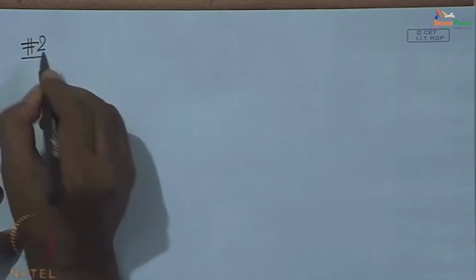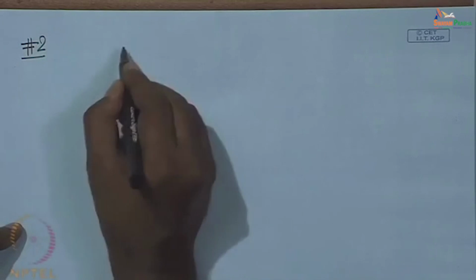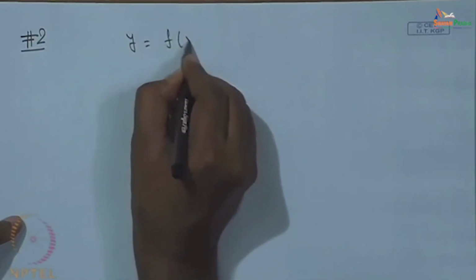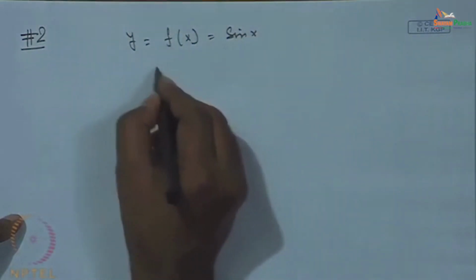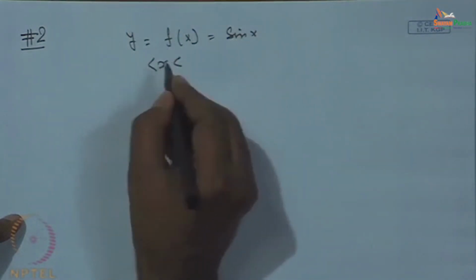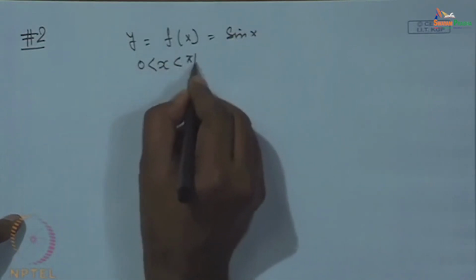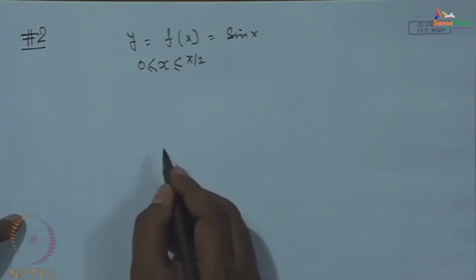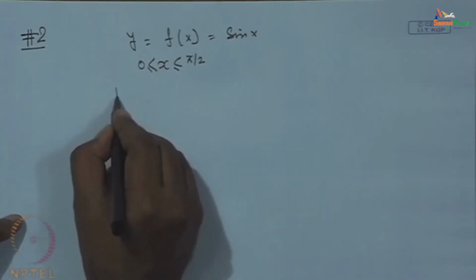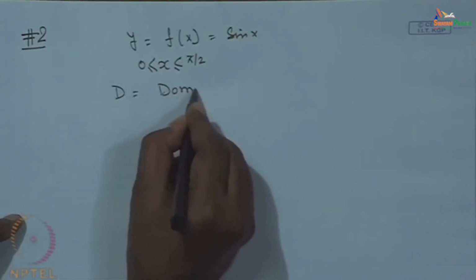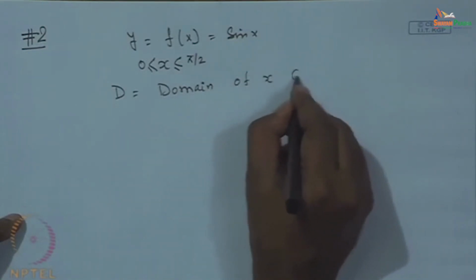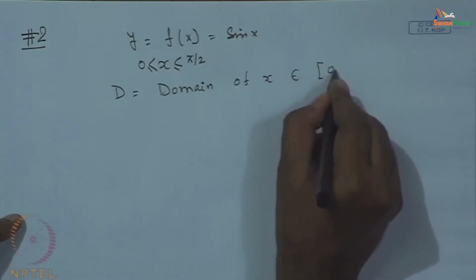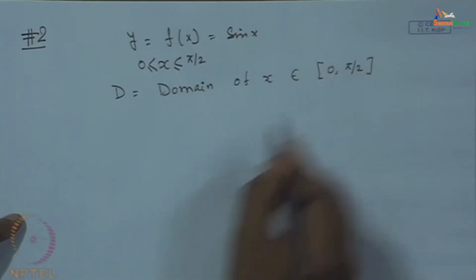So, the next example goes like this. We have a function y is equal to f(x) is equal to sin x, with x in radians lying in the domain 0 to pi by 2. Therefore, the domain of x is D, which belongs to the set 0 to pi by 2.